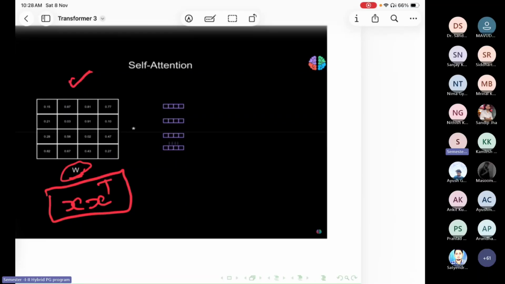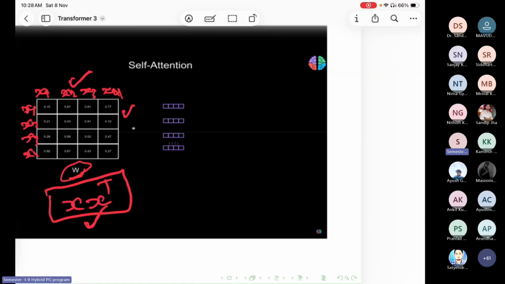The same thing that we have explained, x1 with x1, x1 with x2, x1 with x3, x1 with x4. So this is happening in a single shot. Okay, so just x into xt. In x we have all those vectors x1, x2, x3, x4, and then we are doing it. You got this matrix. Now the next goal is refinement, and that I already have explained in the previous slide.